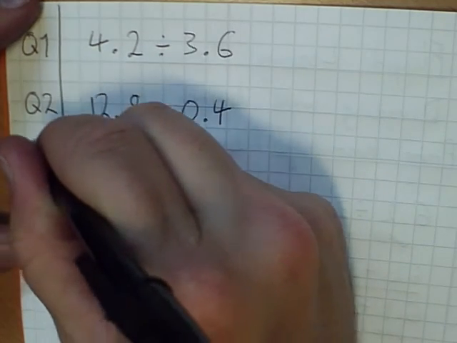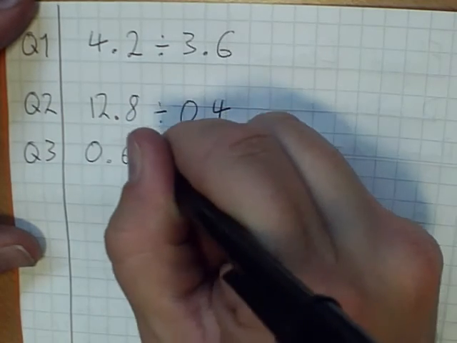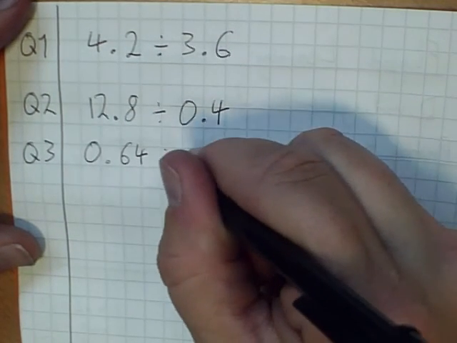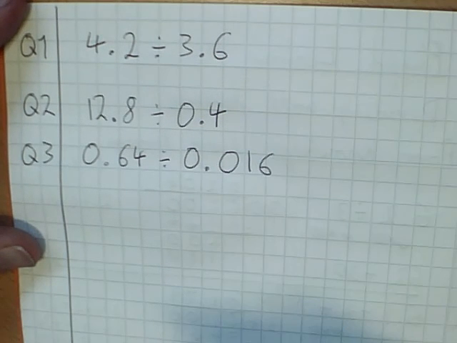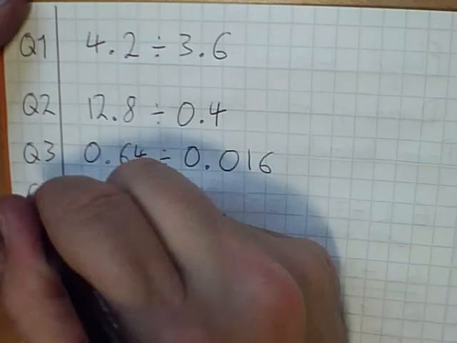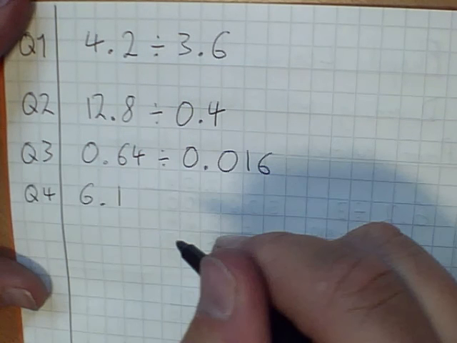Question 3, 0.64 divided by 0.016. And question 4, 6.1 divided by 0.85.